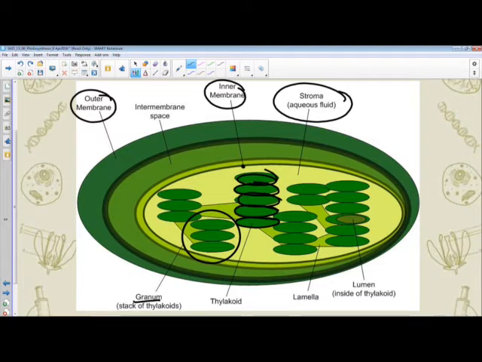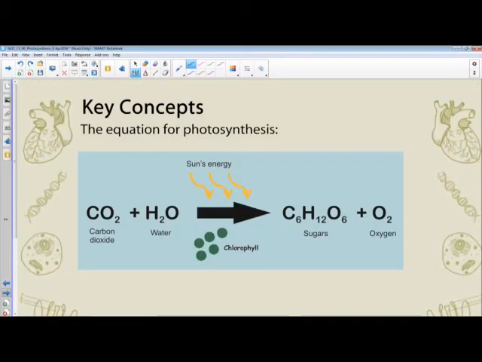These grana are connected to each other by intergranal lamellae, as you can see here, and inside them we see a lumen, which is essentially the contents of the thylakoid. Within these thylakoids we find the green pigment called chlorophyll, and it is the chlorophyll molecules that are able to trap the light to carry out the process of photosynthesis.